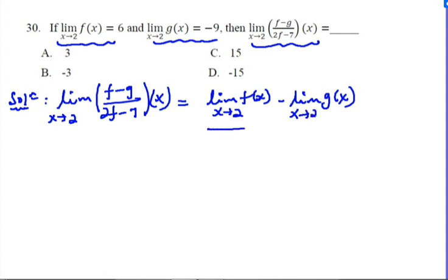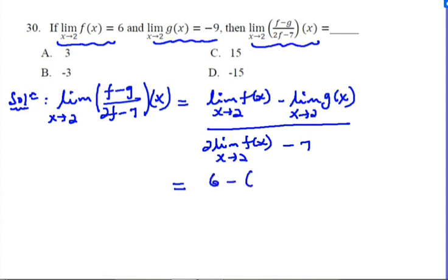Apply the rules of limit over 2 times the limit of f of x as x approaches 2 minus 7. So let us substitute the values. The limit of f is 6 minus the limit of g as x approaches 2, which is minus 9, over 2 times 6 minus 7.